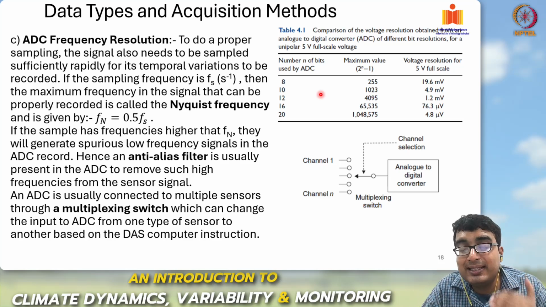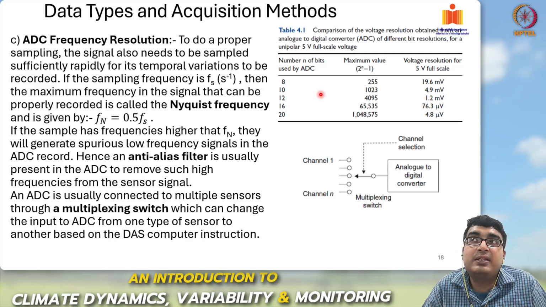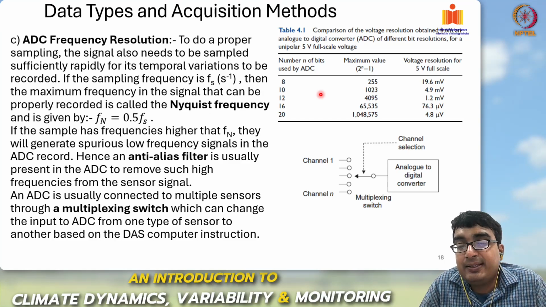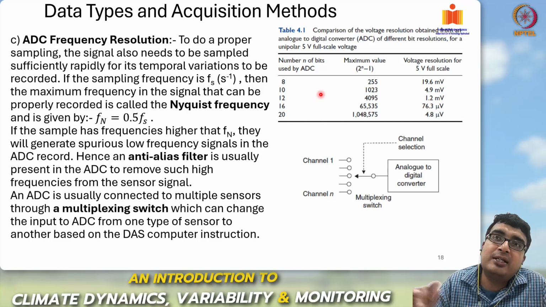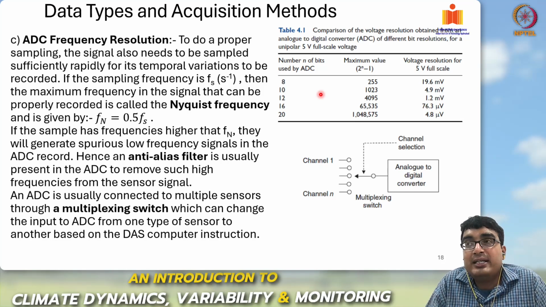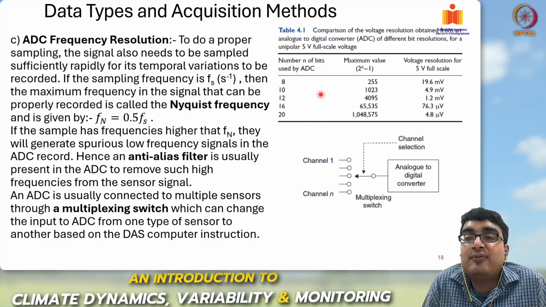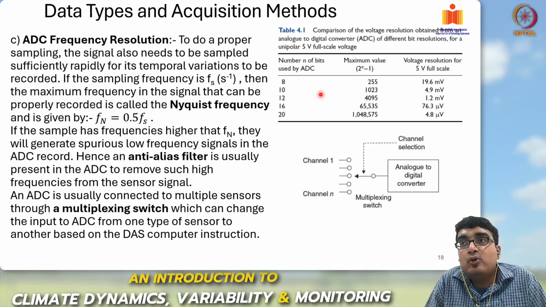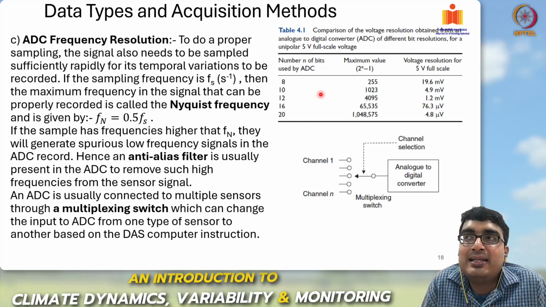If the signal has a frequency greater than 50 second inverse, then we have a problem, because the ADC will start to generate spurious low frequency signals coming from these frequencies that are being only partially recorded. Hence, an anti-alias filter is usually present in the ADC to remove such high frequencies from the sensor signal.